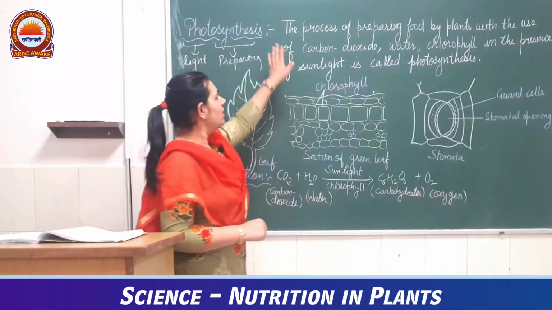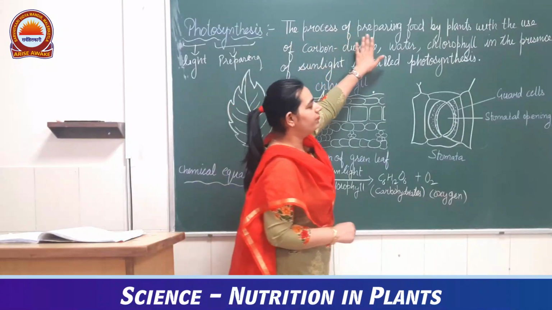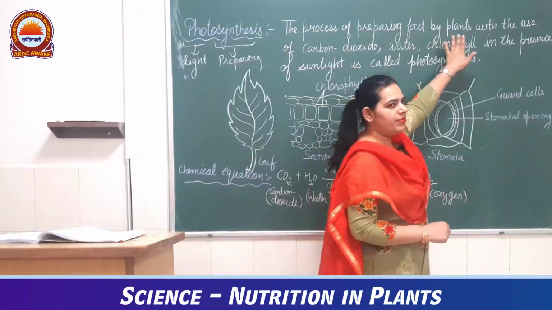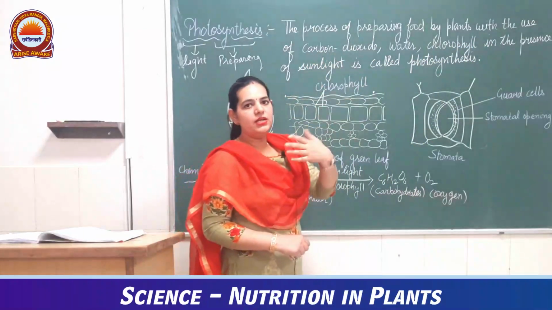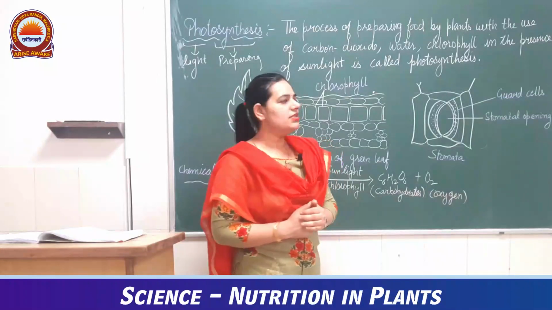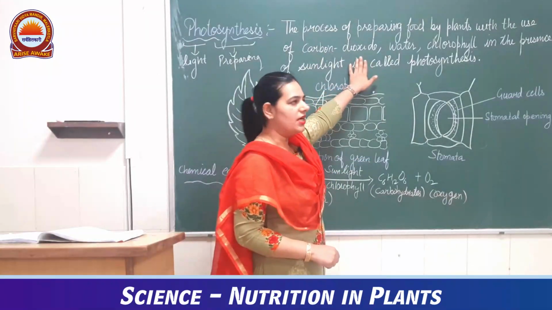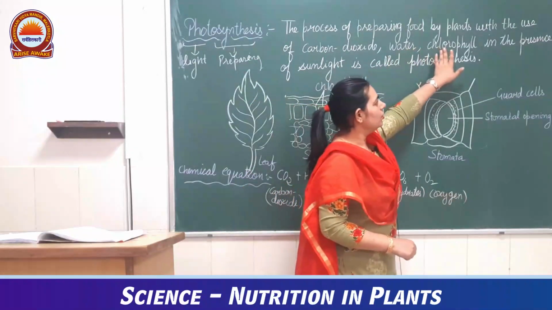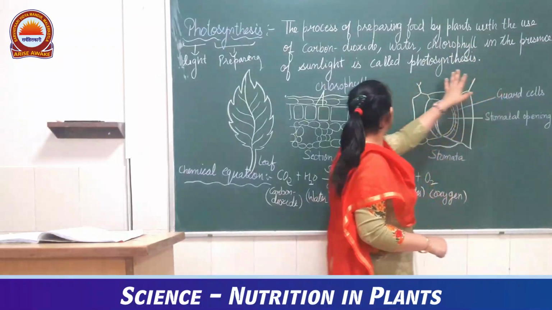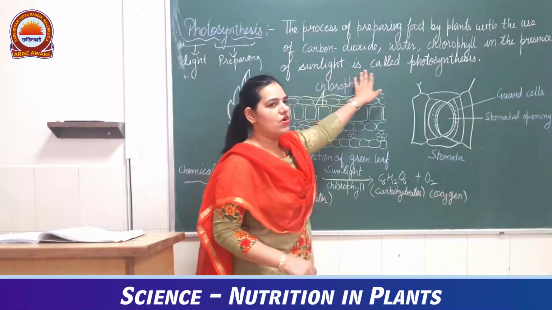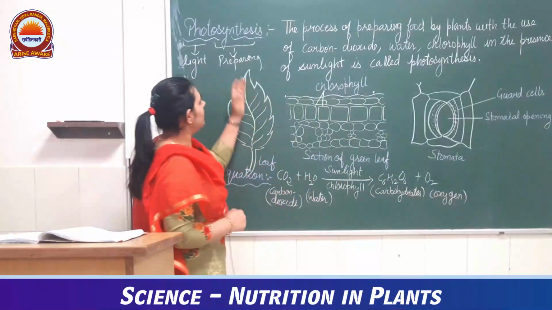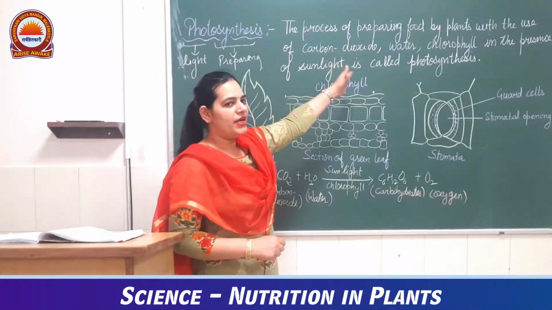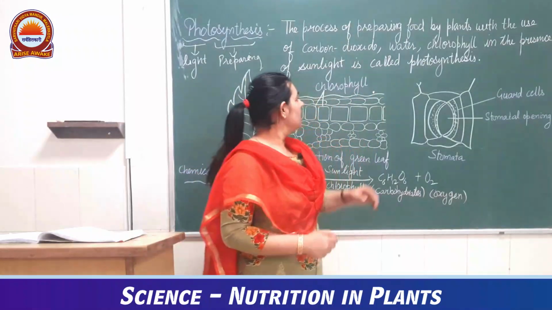That means the process of preparing food by plants using simple substances, carbon dioxide, water, and chlorophyll, in the presence of sunlight is called photosynthesis. Plants prepare their own food by using all these components.